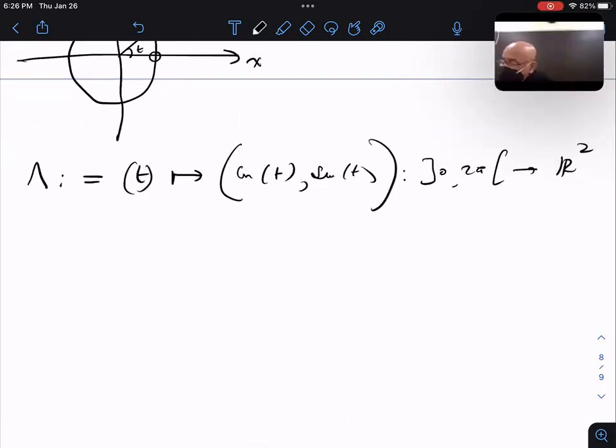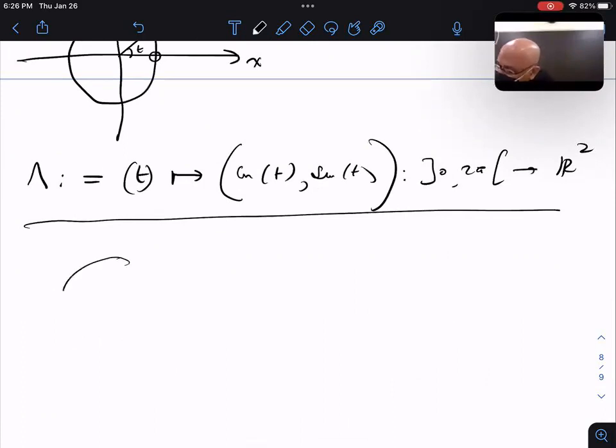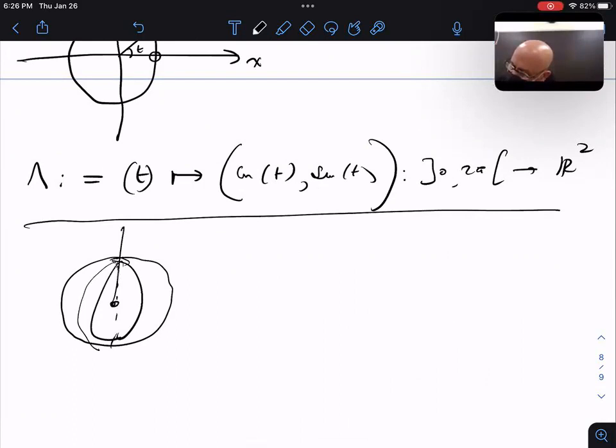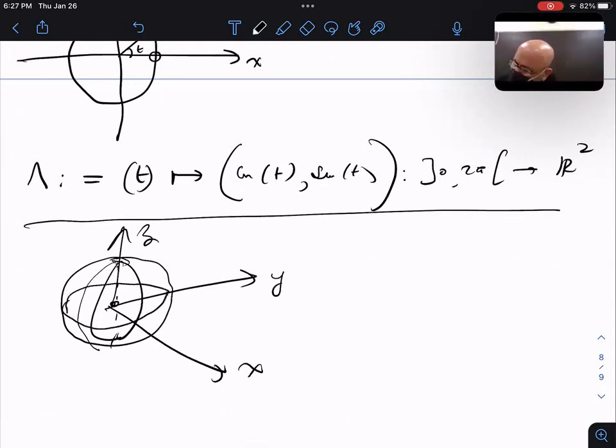Okay, so similarly, if you want to parameterize a sphere, then this is the z-axis, x-axis, y-axis. You would try the same idea by blowing up the equatorial disk.